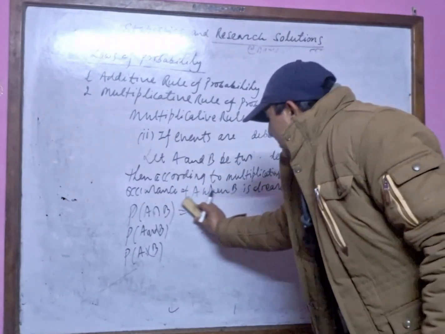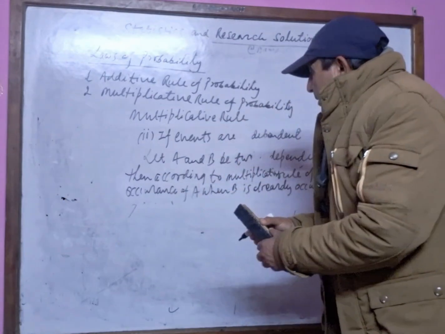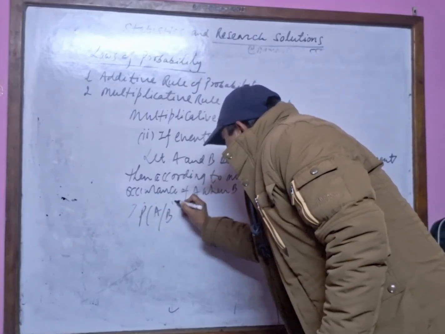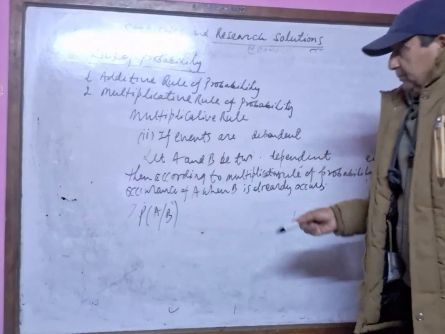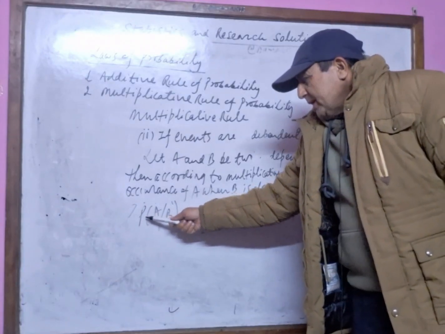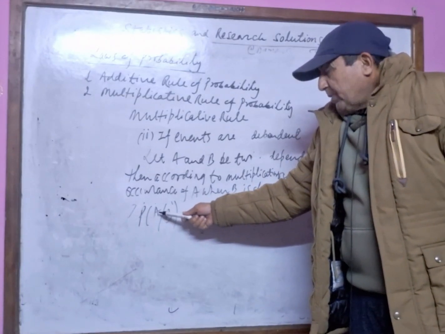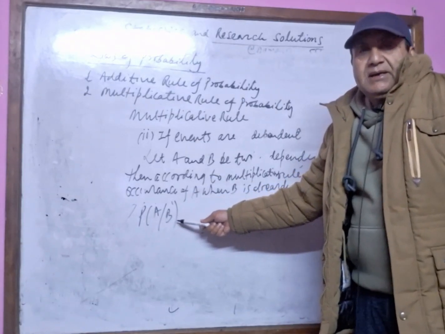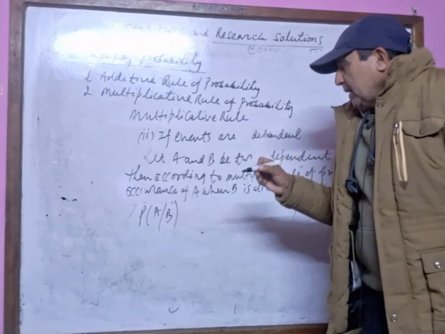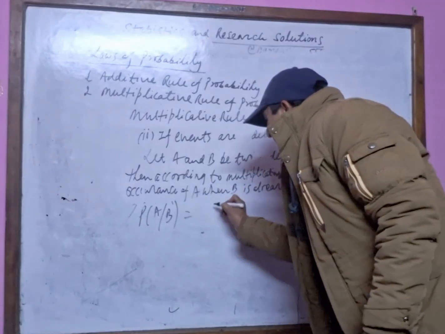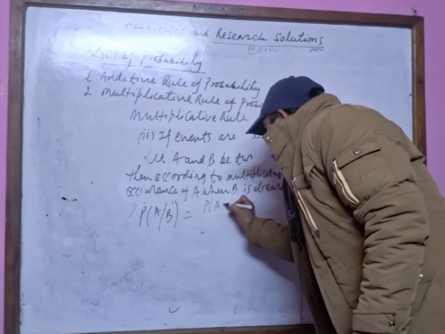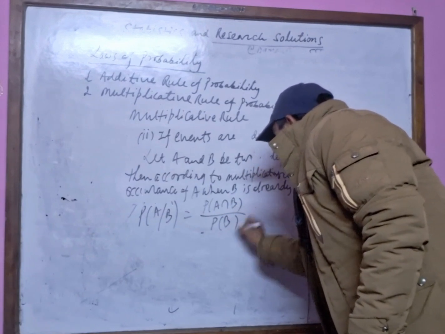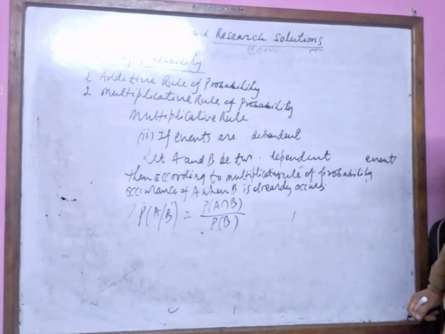This is written as P(A upon B). We read this as the probability of occurrence of A given that B has already occurred. And this is given by P(A intersection B) upon P(B).